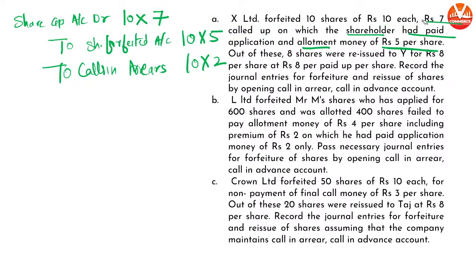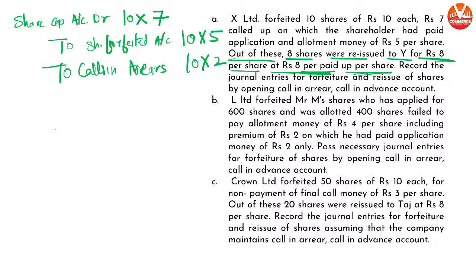Now it is said that out of these 10 shares, 8 shares were reissued to Y for 8 per share at 8 paid up per share. So this share is issued for 8 rupees.